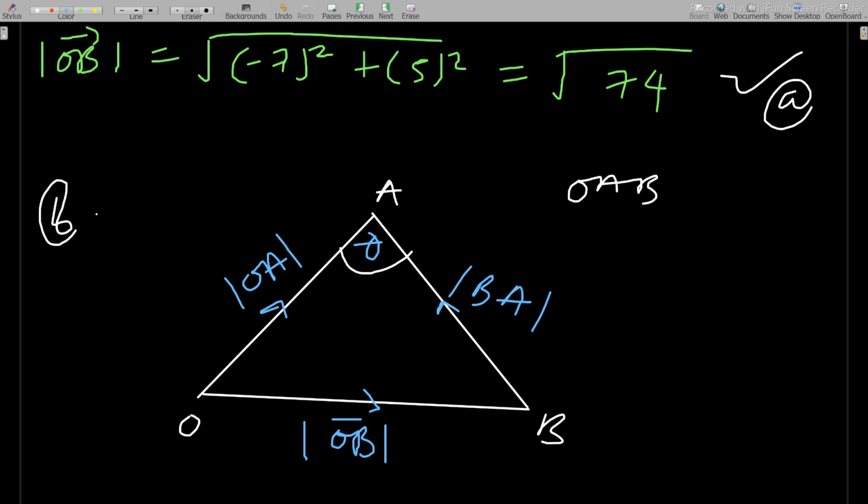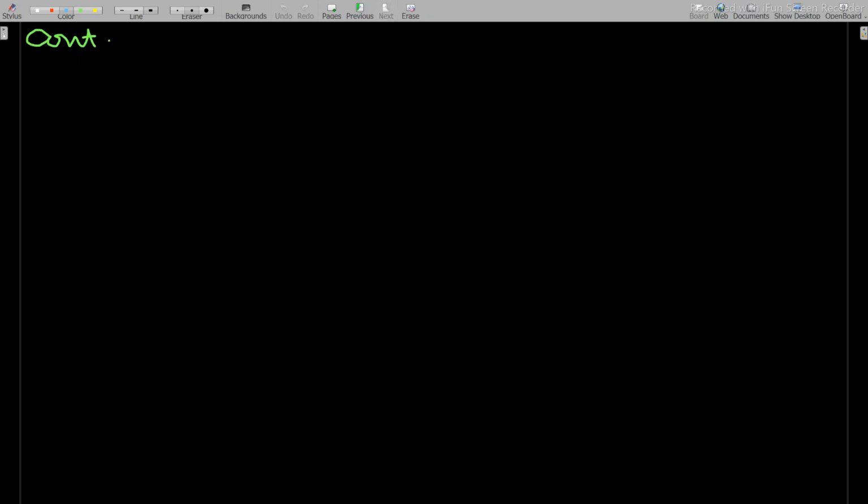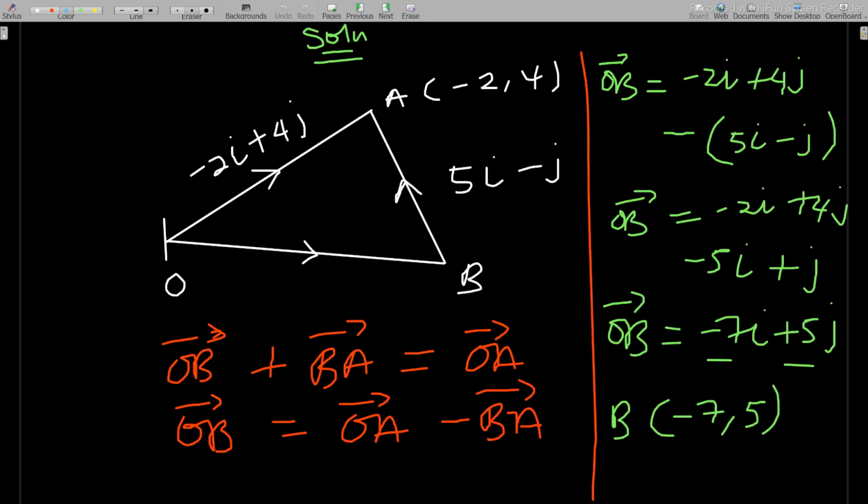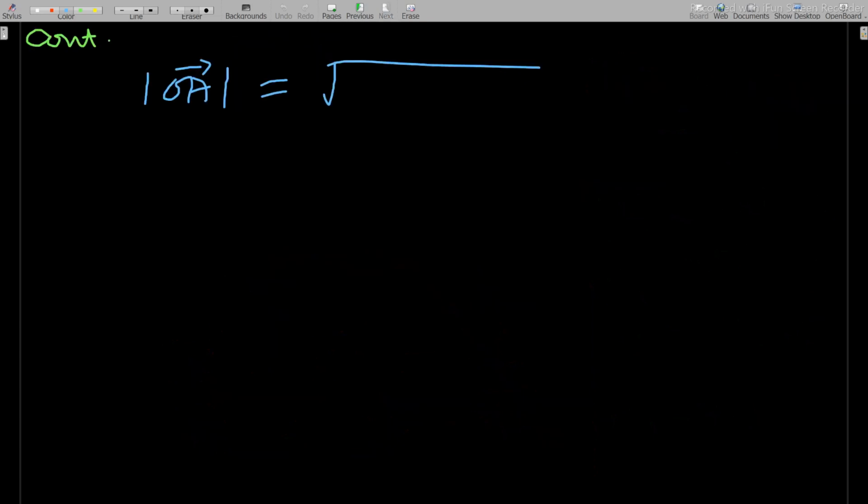Now I know my OA, I know my BA, and all of them. So I can find distance OA. Let me put the bar here, and this should be equal to the square root of my A is what? So I just go back to the question and check my A. My A is minus 2 comma 4, or rather minus 2I plus 4J. So what I can say is negative 2 squared plus 4 squared, and this will be the square root of 20.